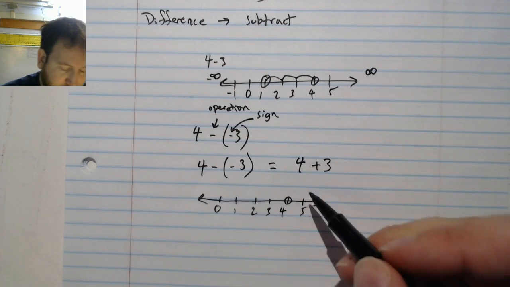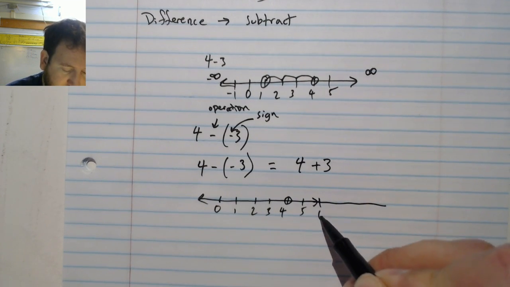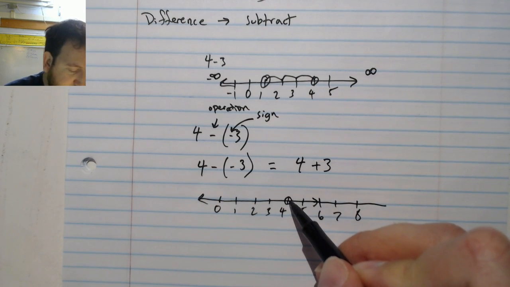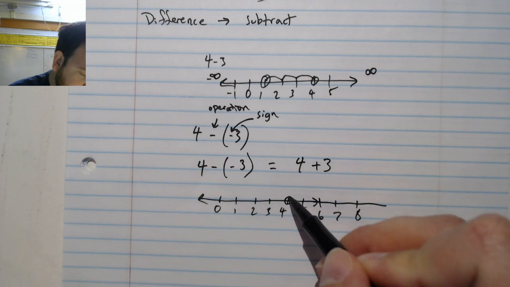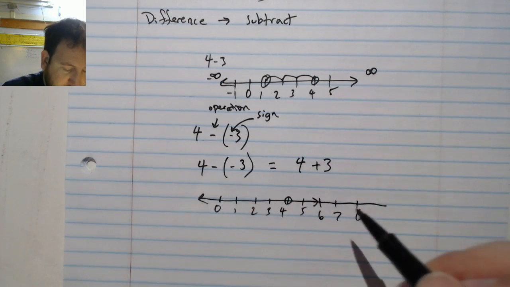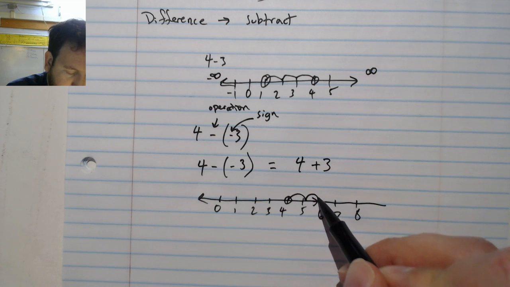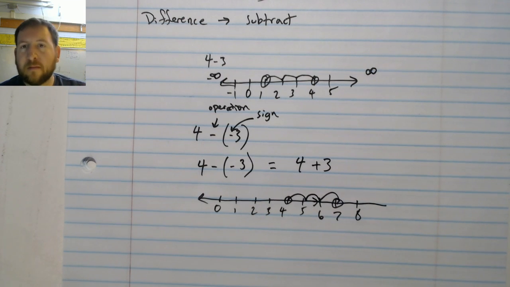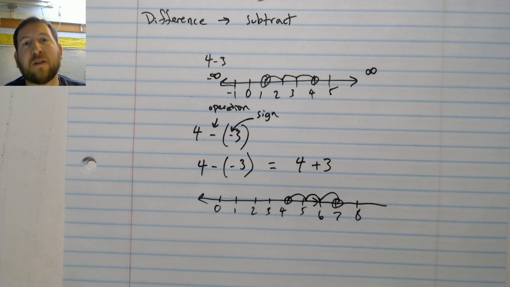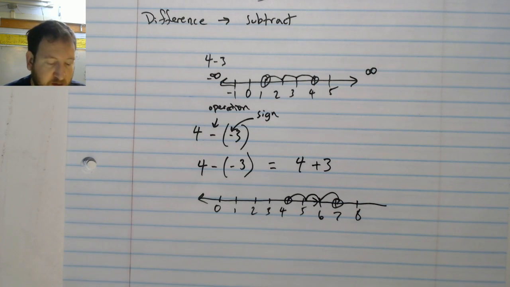It also means I built my number line incorrectly because I won't be able to go where I need to go. So instead of moving left for my subtraction, I'm going to move right because I'm subtracting a negative. So I'm going to move 1, 2, 3. So my rule for this, whenever I see a minus a negative, is I just turn them both into opposites and turn it into a positive.